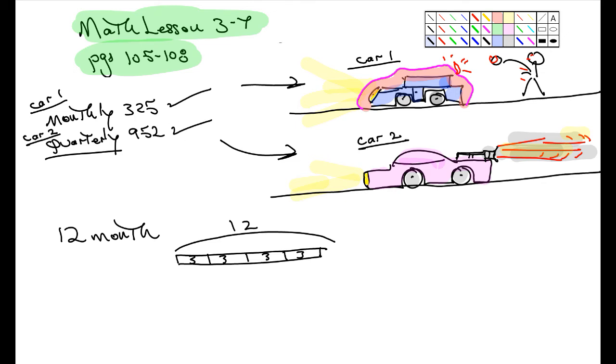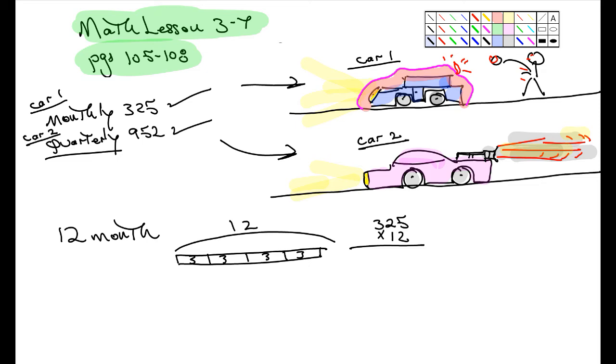And we know that for car 1, it's $325 a month. Quarterly is $952. So if you need to solve this problem, you would simply do 325 times 12. That would give you the cost for the year.